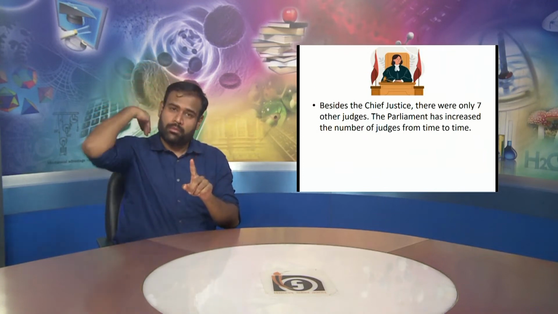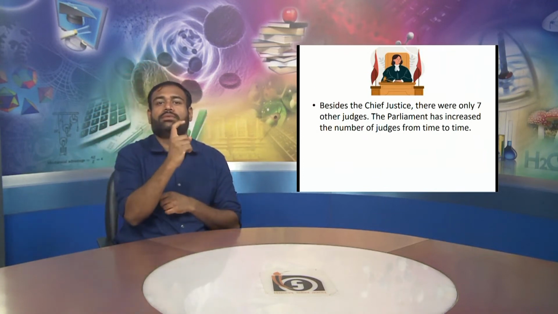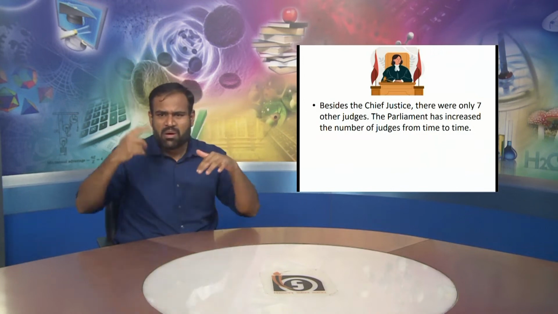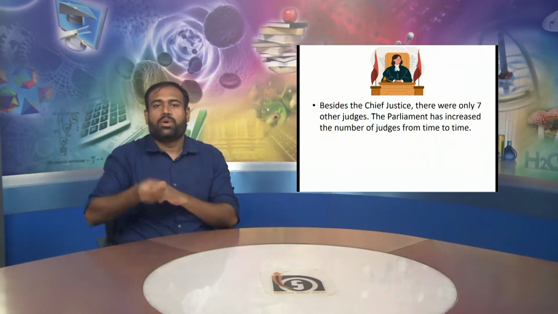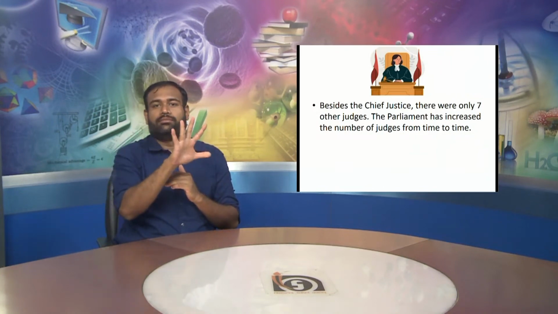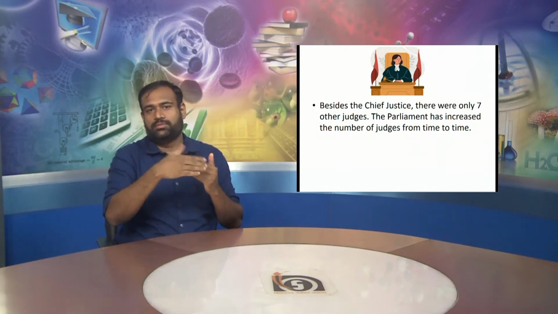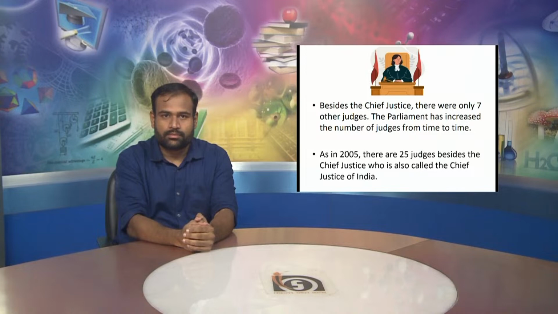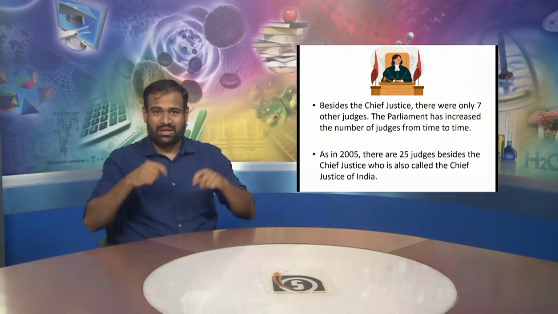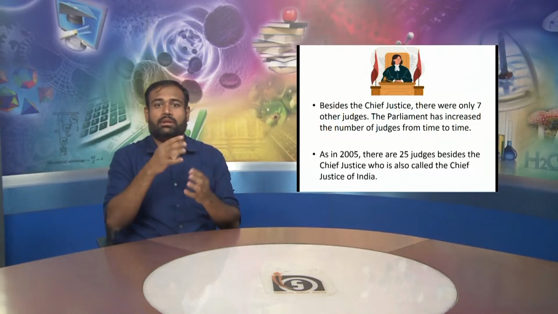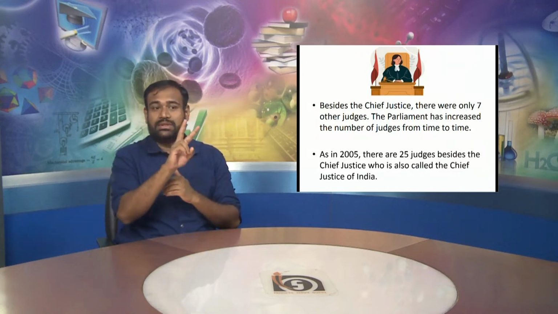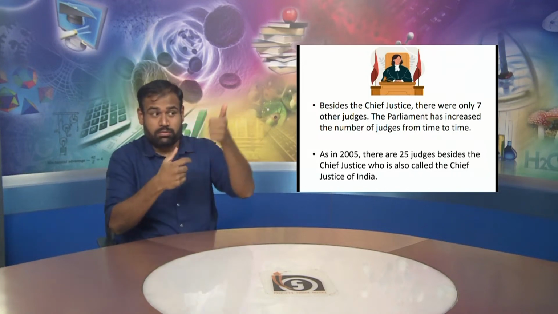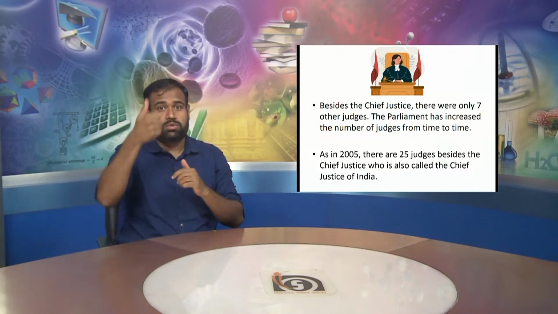Besides the Chief Justice, there were only 7 other judges. The Parliament has increased the number of judges from time to time. As in 2005, there are 25 judges besides the Chief Justice, who is also called the Chief Justice of India.